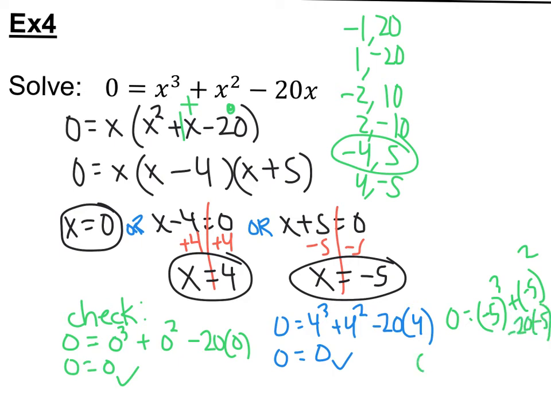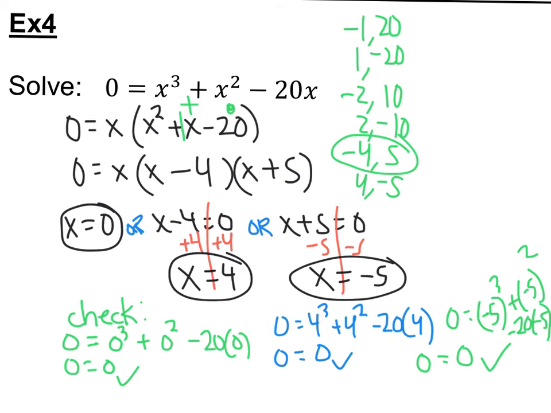So I'm going to put that all in my calculator. In parentheses, negative 5 raised to the third, and then plus, in parentheses, negative 5 raised to the second, and then minus 20 times negative 5, enter. And you should get 0. So 0 equals 0. So that works for that one.